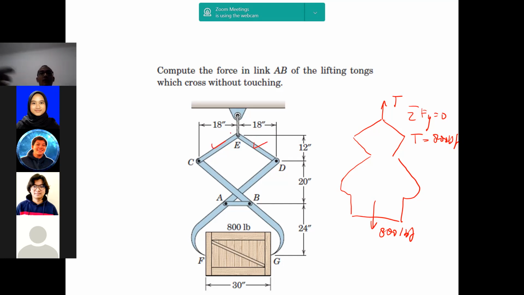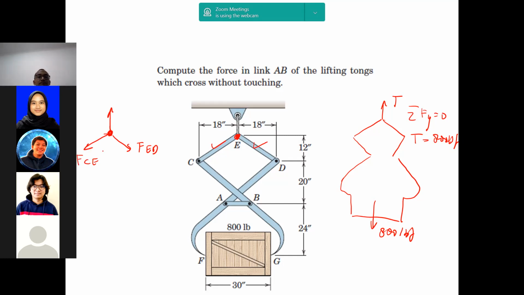In order to solve this, we have to solve for pin E, right? If we take a look at pin E, there will be tension going up, a force due to member ED, and a force due to member CE. Correct, right?